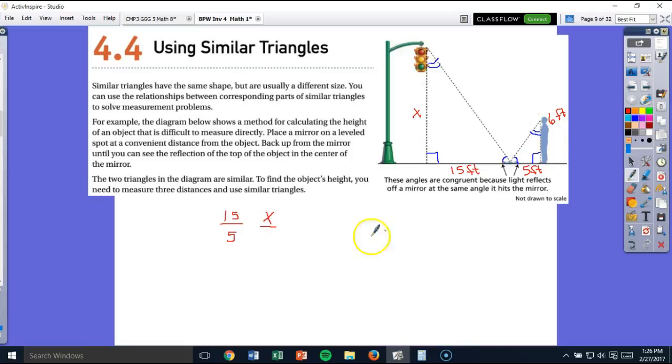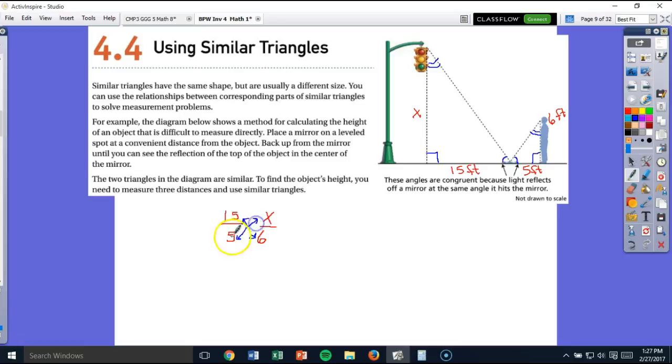And on this side, we know that this is 6 feet. Well, just like we did in Investigation 2, when we had three of the four measurements we needed, we can go ahead and cross multiply these two.